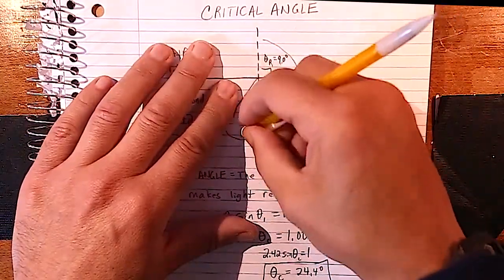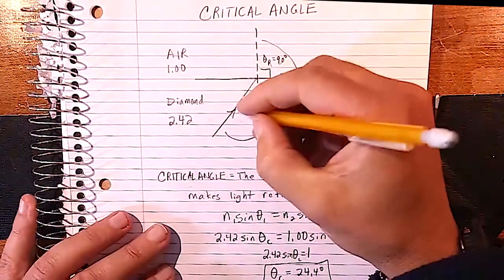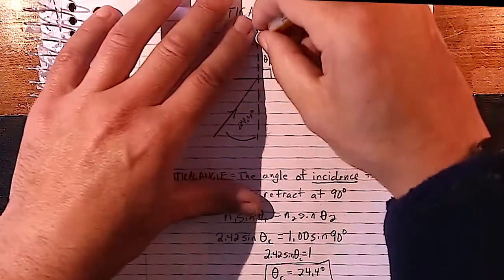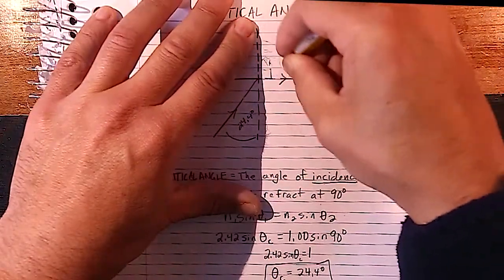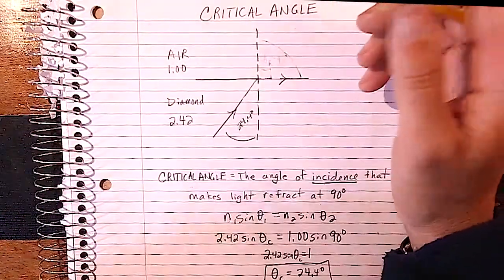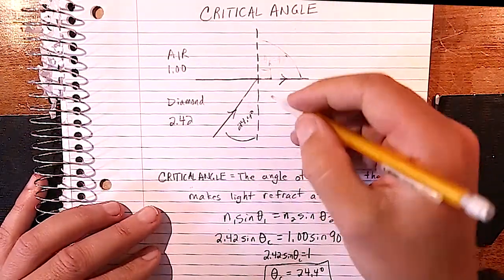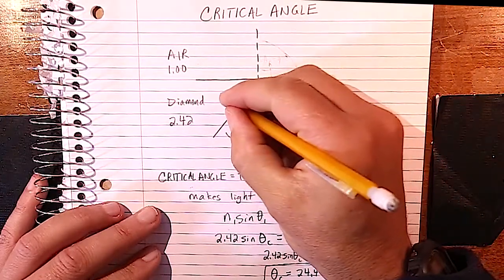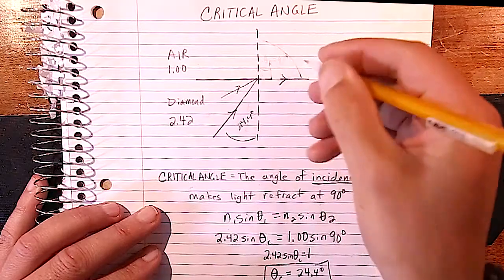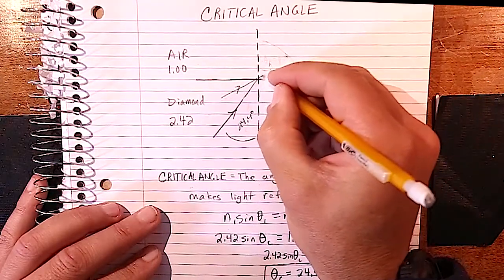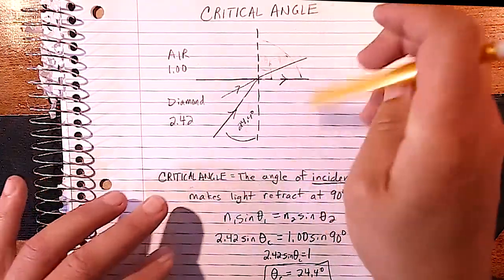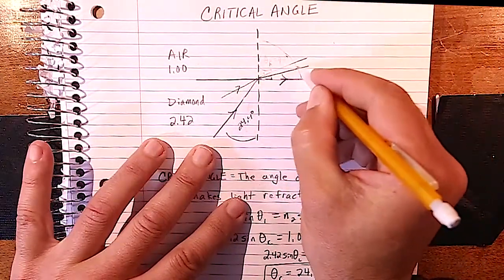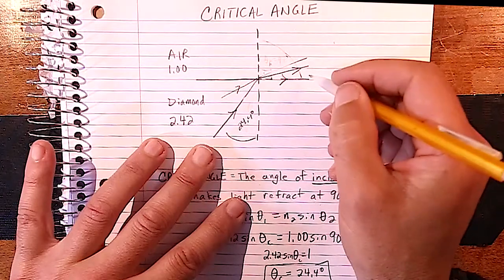Now let's go back and look more specifically at what's happening. This angle now, our critical angle, is 24.4 degrees. So let's get rid of this for a minute and just look at what happens. If we have an angle that's greater than 24.4, something that's out here, then that's going to make the light refract into the medium at some value that is going to make it bend away from the normal.